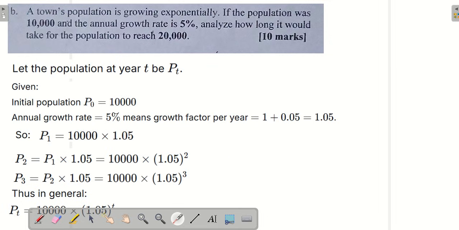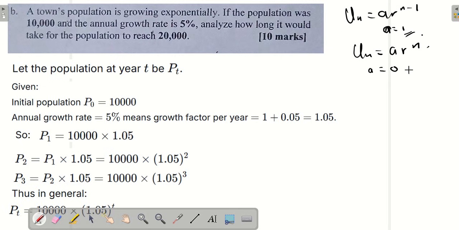So the formula becomes, we know that the normal formula is A R to the n minus 1, where n always starts from 1. But this time, we are going to start with U_n equal to A R^n, where A is the first term. Anytime you start with n equal to 0, the formula is modeled like this.